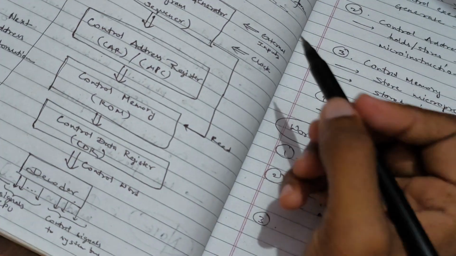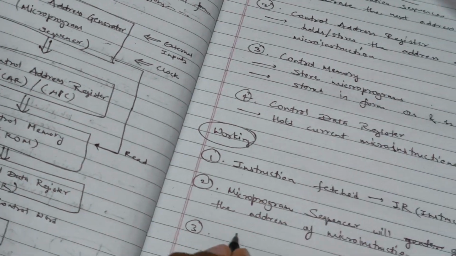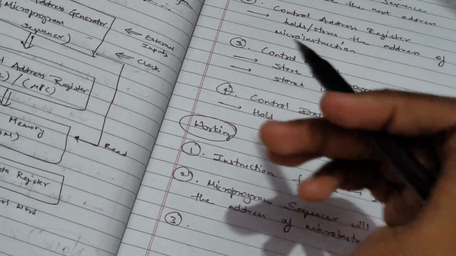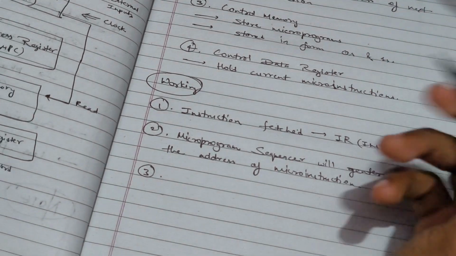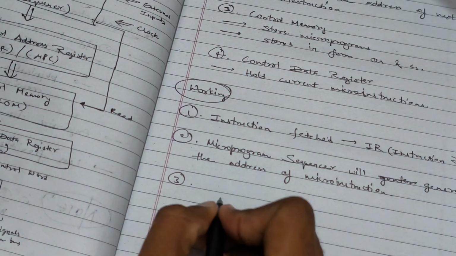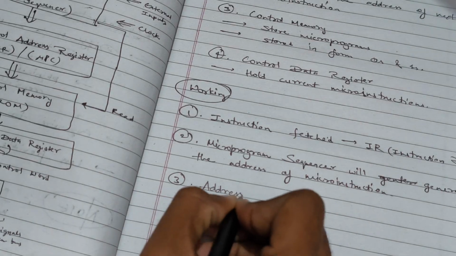Whatever address is generated is then stored within the control address register. As I have written earlier, it holds the address of the next microinstruction. Whatever microinstruction is going to be executed would be held within the control address register.